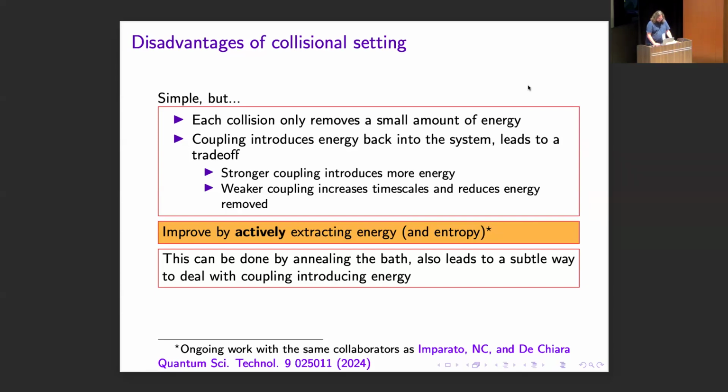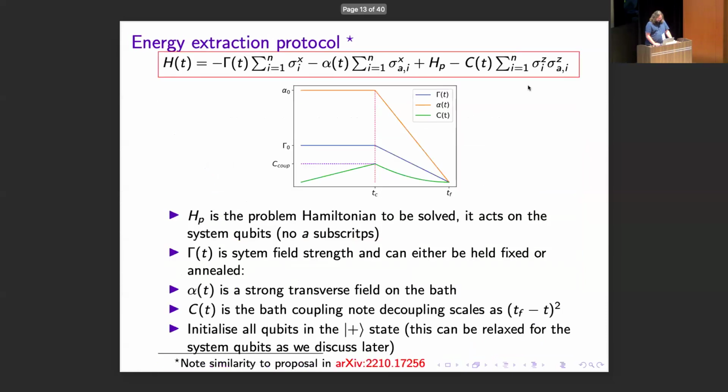This also leads to a subtle way to deal with the coupling induced energy. So you can imagine an energy extraction protocol. Basically you couple a system of single spins that are initially in the ground state of a transverse field Hamiltonian, and then you anneal that field down.